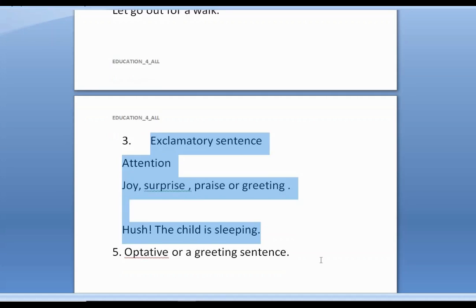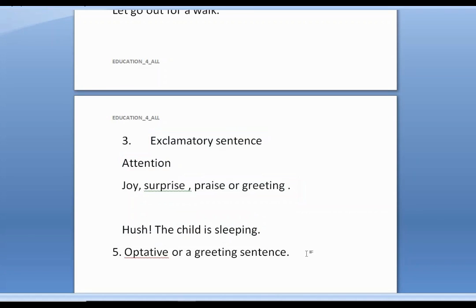Okay, now let's move to the optative or a greeting sentence. Optative and greeting sentence is always being used for a wish for someone or a prayer, a blessing or a boon or a curse.